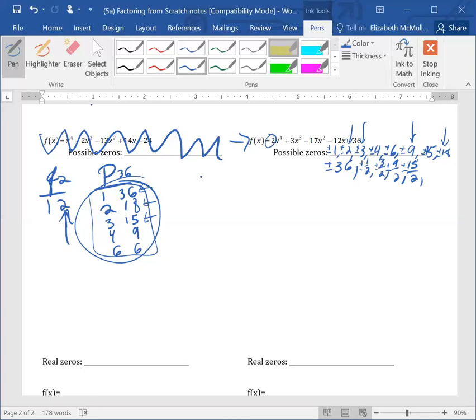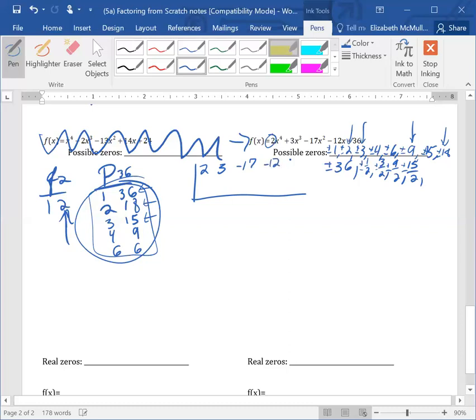And so we are going to say, our box here, 2, 3, negative 17, negative 12, 36. All right, and we're going to divide this by our first one, which is a positive 1.